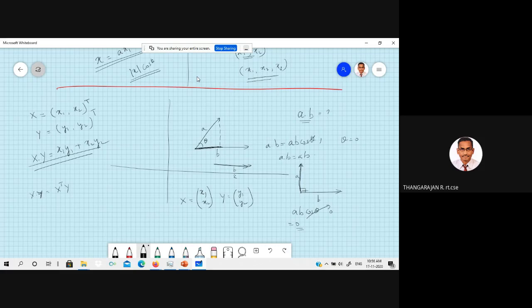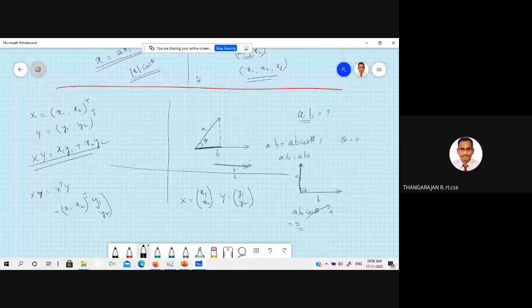Now when I say x transpose, I convert the column into a row, that is x1, x2. This is x transpose, then multiplied by y, which is y1, y2, with no transpose.